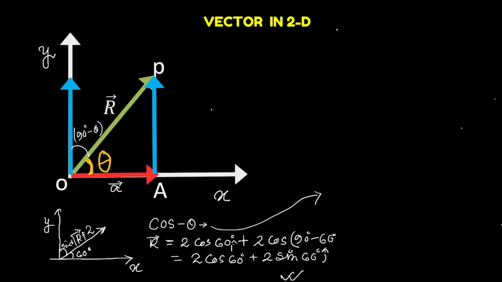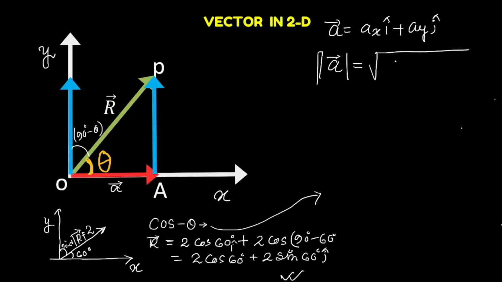We write a vector in 2D as the vector A, suppose it is ax i cap plus ay j cap. Now what is the resultant vector here? A is the resultant of ax and ay. So the magnitude of this A vector, if it is given like this, is always the square root of ax square plus ay square.